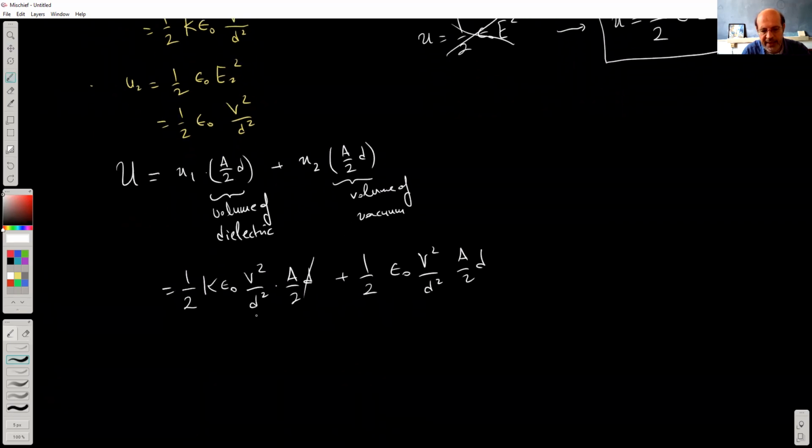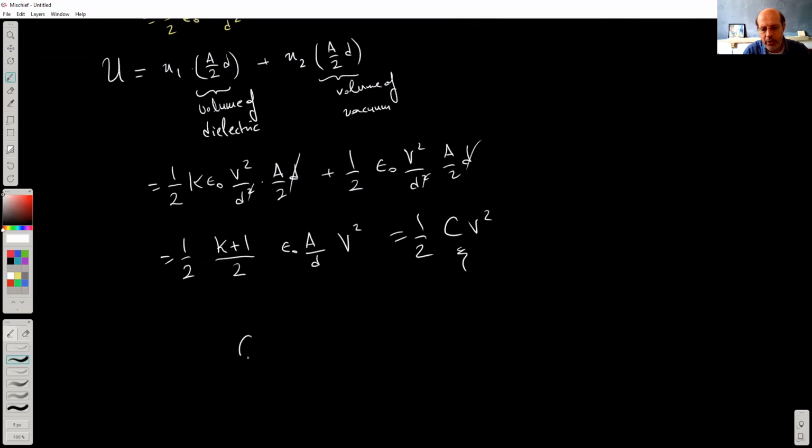I can see that these cancel. I'm going to keep the first 1/2 intact, and I'm going to use the second one like this. So that's K plus 1 divided by 2 multiplied with epsilon 0 area divided by D times V squared. I know that this is of the form of 1/2 of C times V squared, and therefore I just read the coefficient. So the capacitance is equal to that.